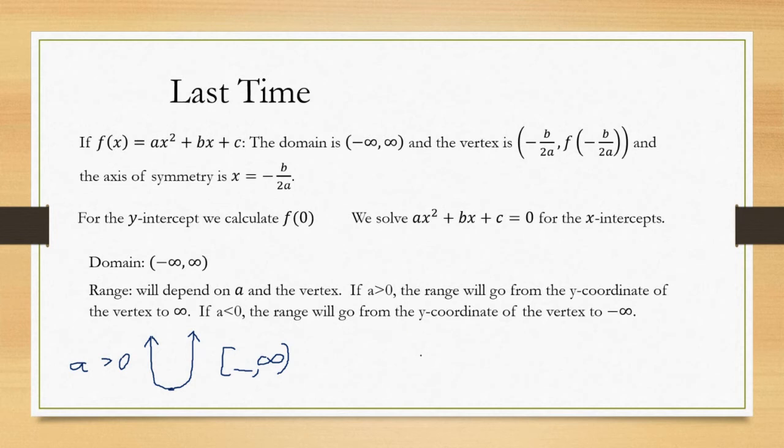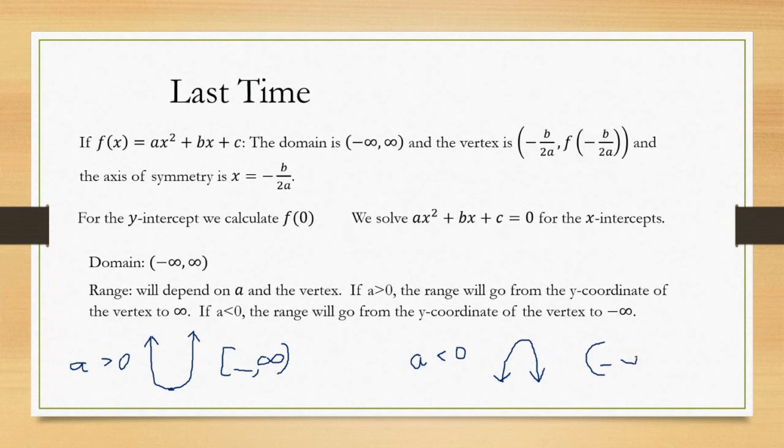And if a is negative, essentially you're going to invert that. That is, if a happens to be negative, then the graph does something like this, and the vertex is at the very top.